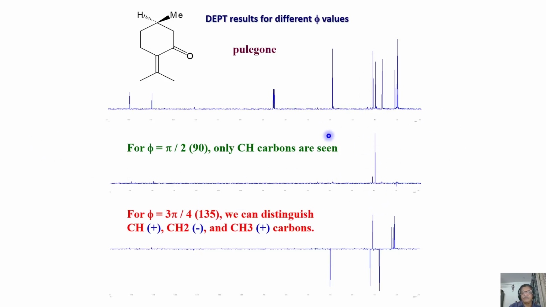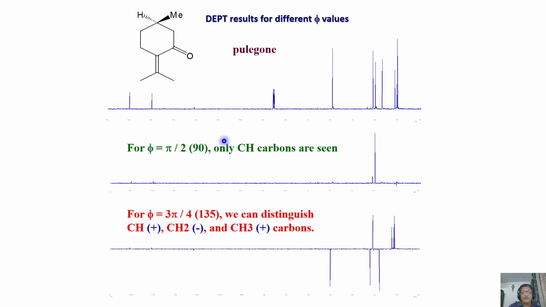Now DEPT 135 degree. What is happening here? CH2s are negative. CH and CH3s are positive. So that means there are 3 carbons here with 2 protons. These are all CH2 carbons. You see this one, and somewhere here, this one. Okay, these 3 carbons are CH2 carbons.